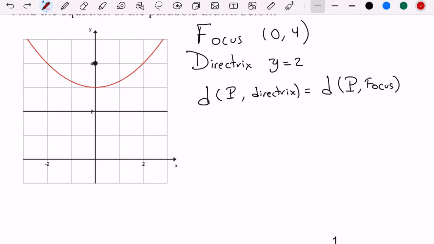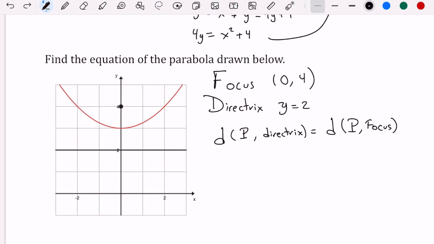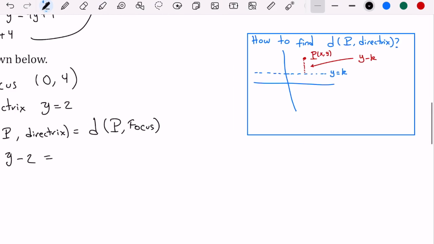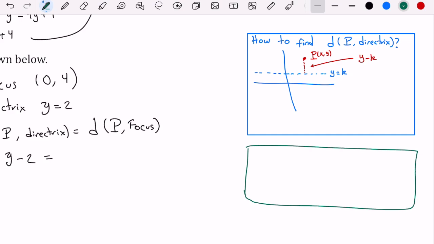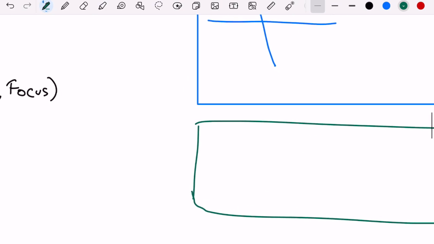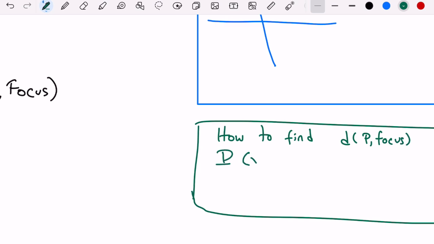And the distance formula, I'm also going to put it here, in a little green square. So how to find the distance from the point to the focus. If my point is (x, y) and my focus is (x1, y1), the distance is the square root of (x minus x1) squared plus (y minus y1) squared.